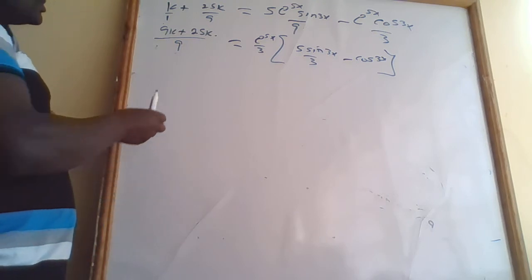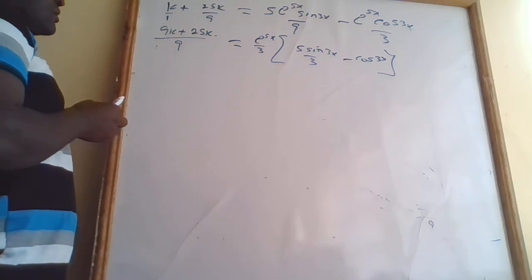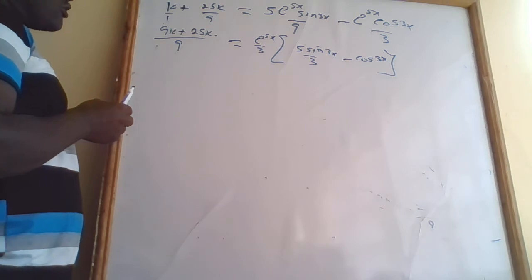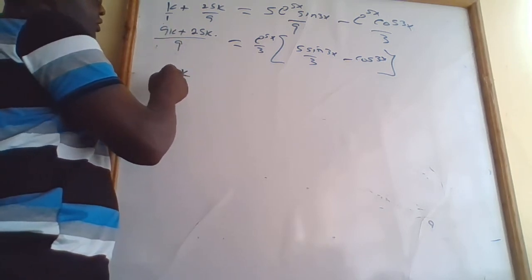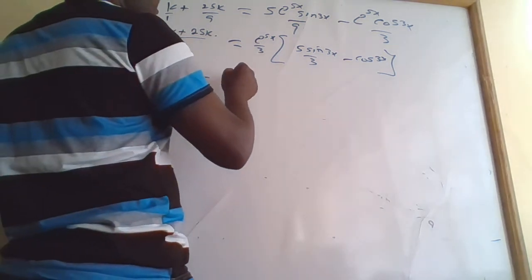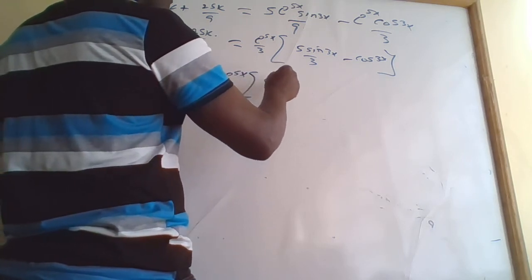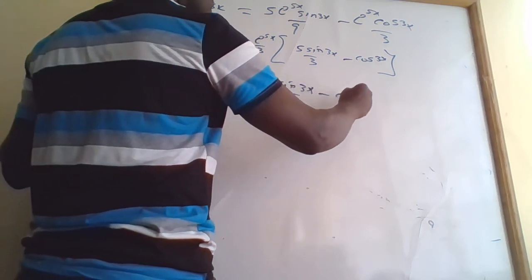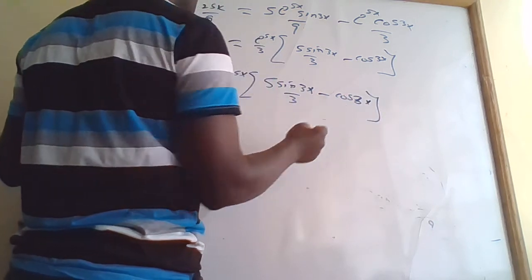This is the same as 9k plus 25k, we have 34. We have 34k over 9 equals e^(5x) all over 3 into 5 sine 3x all over 3 minus cos 3x.